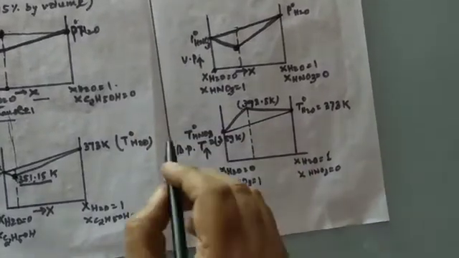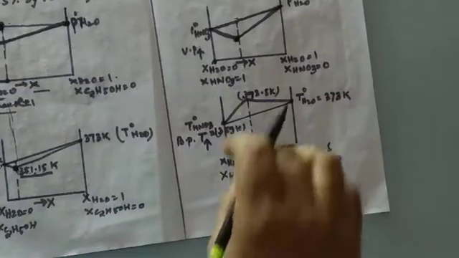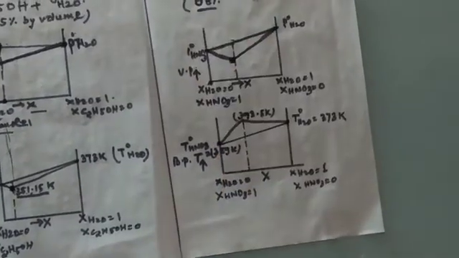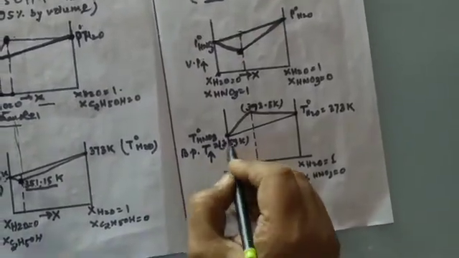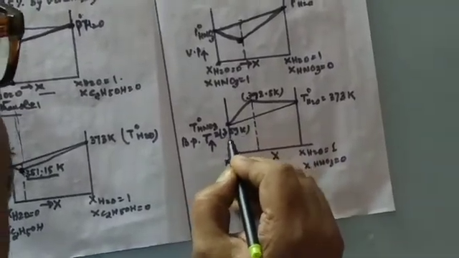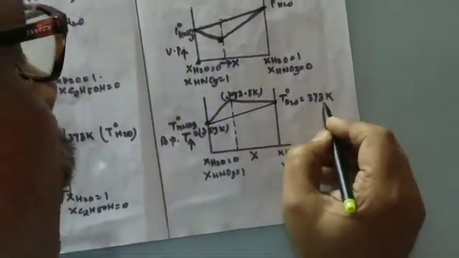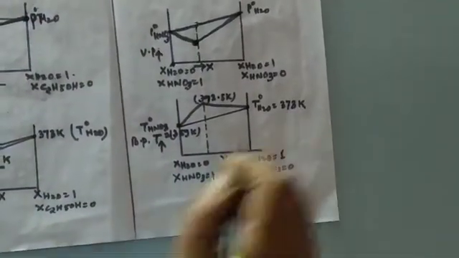Now, what is the plot? Another graph between temperature and the mole fraction. At the same composition, we find that the boiling point of pure HNO3 is 359 Kelvin and the boiling point of pure water is 373 Kelvin.